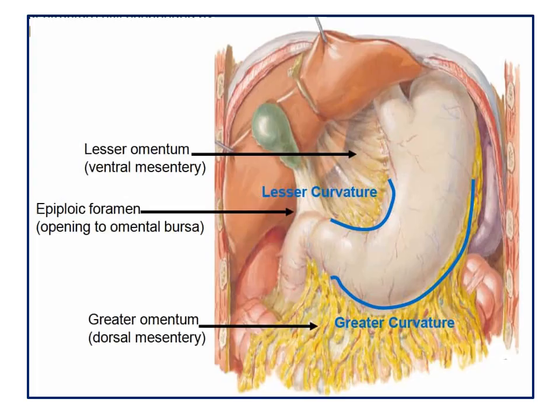This is the image of the lesser omentum in a better perspective. As you notice, there's a connection between the liver and then the stomach and duodenum. It's shown in the image. The connection here is made by the lesser omentum. You can see that for the stomach, the part of the lesser omentum that is connected to the stomach is the lesser curvature, and that is called the hepatogastric ligament.